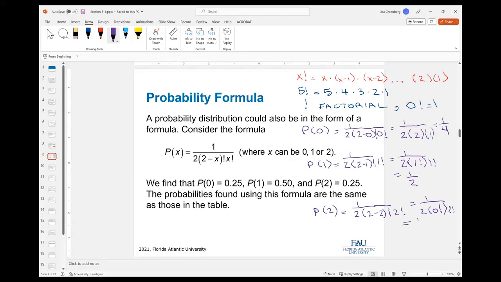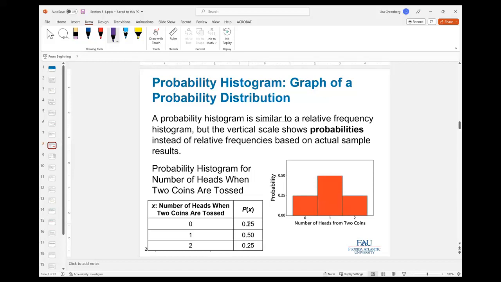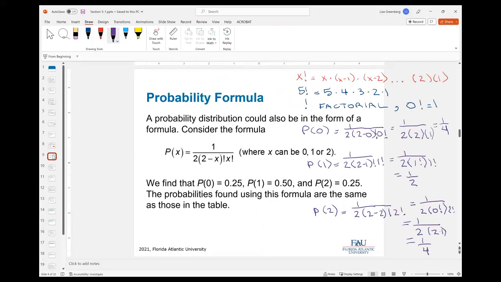So that's equal to 1 over 2 times, 0 factorial is 1, and 2 factorial is 2 times 1, which is really the same as 2, but I'll put it in there this time. So this is 1/4. So now we have probability of 0 heads is 1/4, 1 head is 1/2, 2 heads is 1/4, which is exactly the same as my numbers here, 0, 1, 2. So there's our 3 different ways we could find it, right?